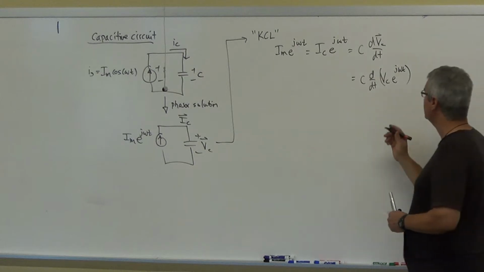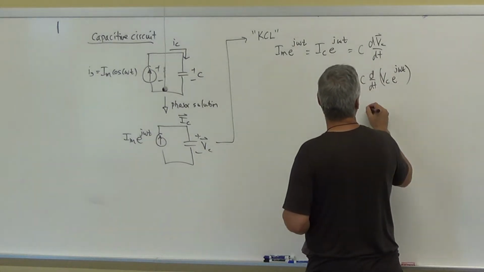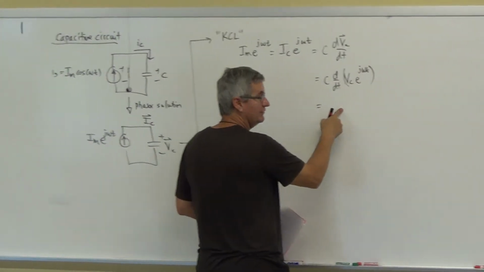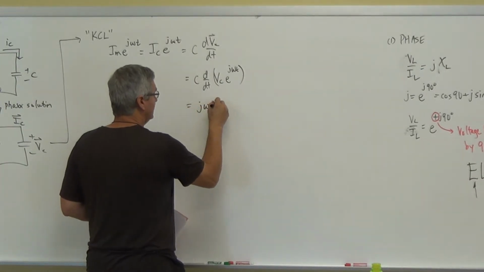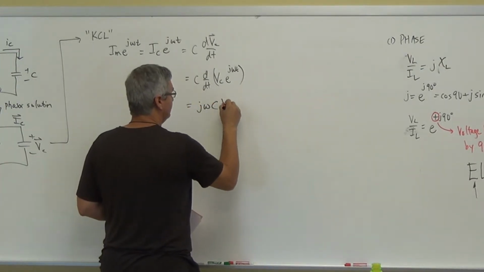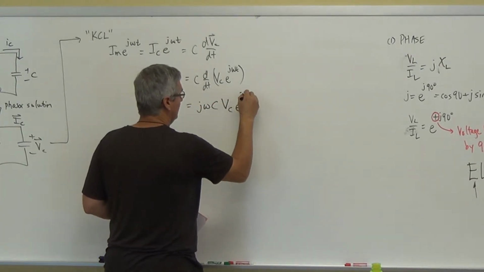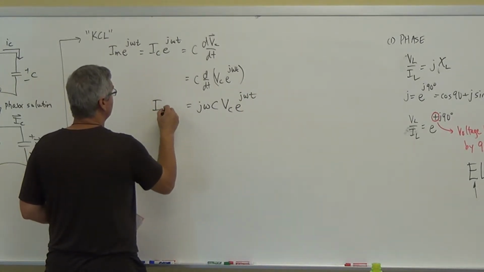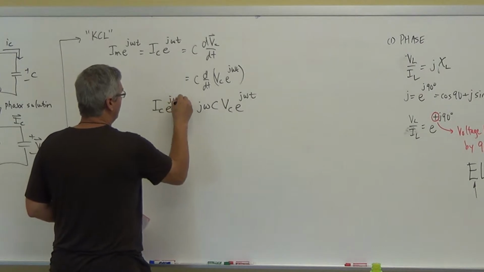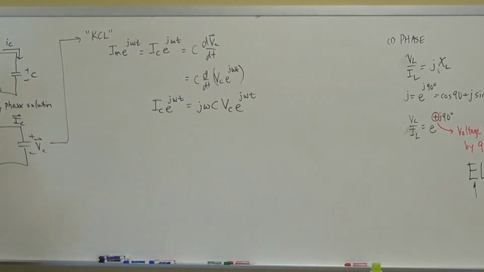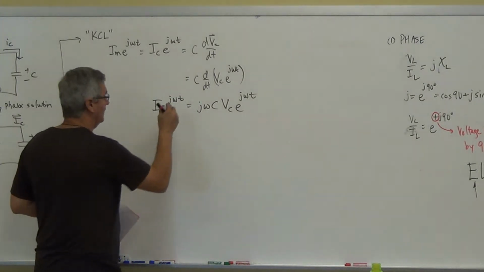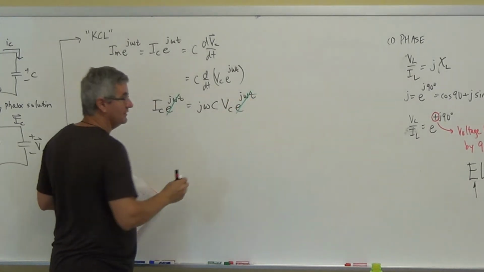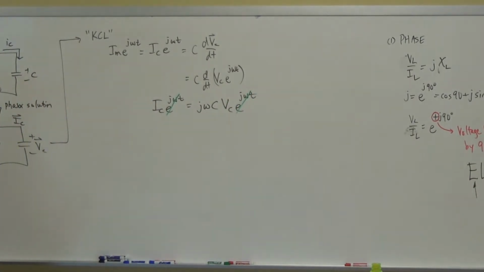So if I pull this out, I'm going to take the derivative of this guy, which will be jωC V_C e^(jωt). Then I get I_C e^(jωt). Once again, what am I seeing? Cancellations of the ωt. So there's no reason why we should ever think about the omega t terms now.